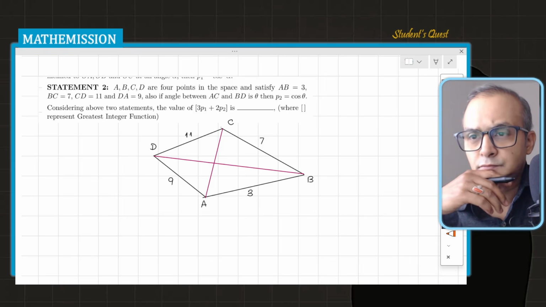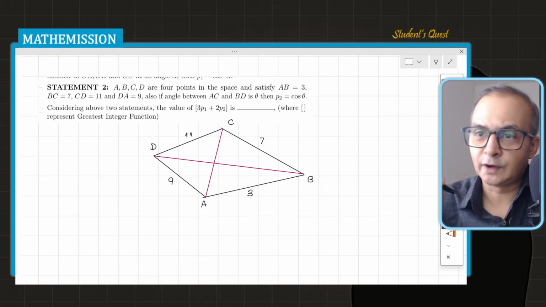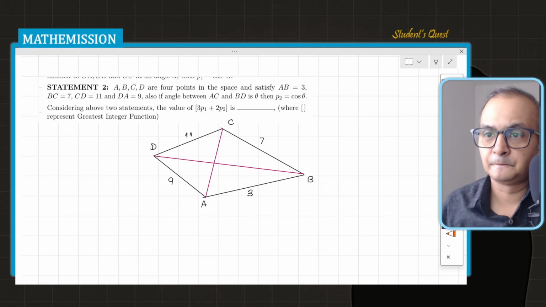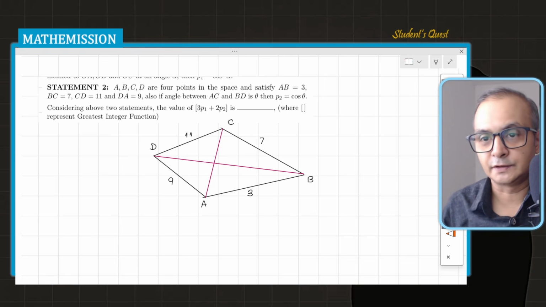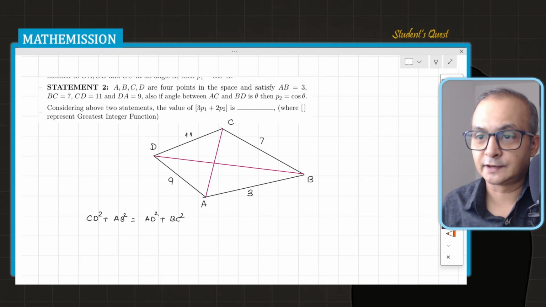So you notice there's one property we have. You can notice that CD square plus AB square is equal to AD squared plus BC square. Is it satisfying? Let's check.